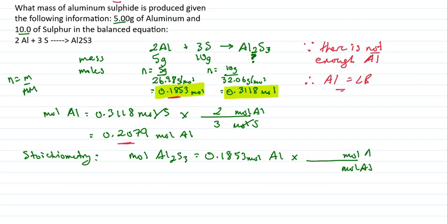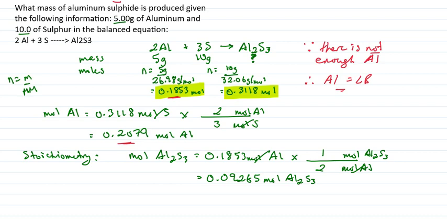And aluminum sulfide at the top. So this has a coefficient of 1, and that has a coefficient of 2. Again, units cancel out. Do a bit of math here, and you get 0.09265.